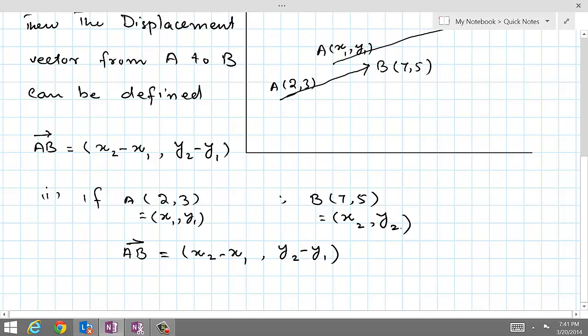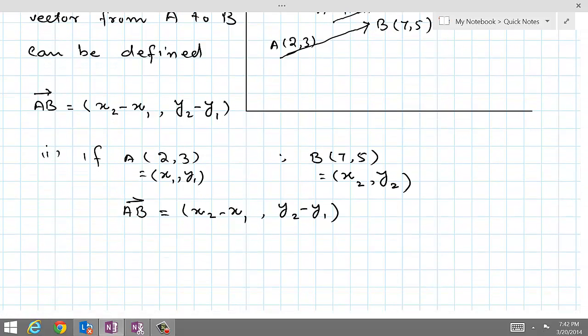Like we said, in slope and in distance formula, it was okay if we name the points A and B with x1, y1, x2, y2, or reverse them, but in displacement vector, the starting point must always be given the name x1, y1, and the terminal point must always be given the name x2, y2.